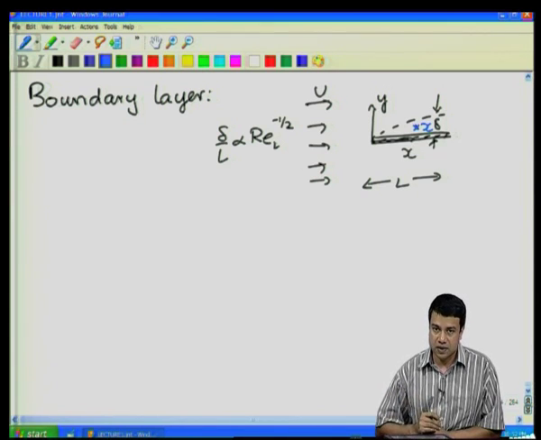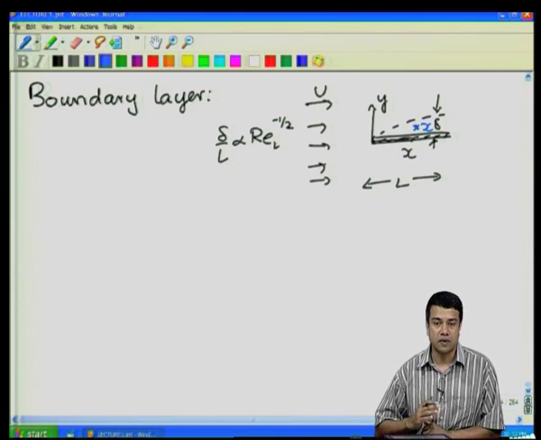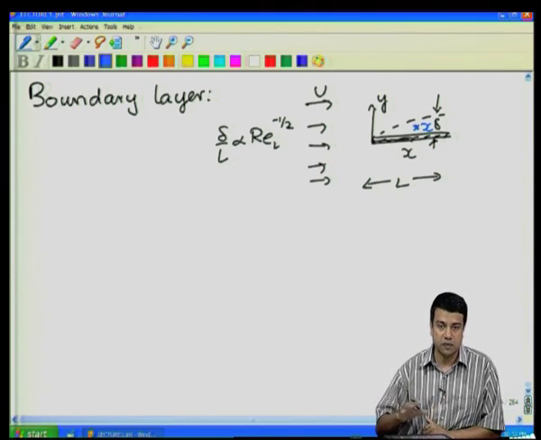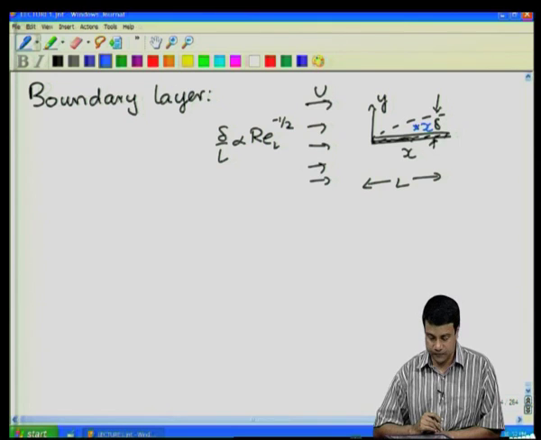So, at a given location x, the only length scale that is relevant is x itself, which is the distance from the upstream edge, because convection is transporting momentum downstream. Therefore, any boundary conditions that are applied at a downstream location to this point x cannot affect the flow at the given location x. And using that additional piece of information, we had managed to find similarity solutions for this particular case, and there were other cases for which we managed to find similarity solutions.